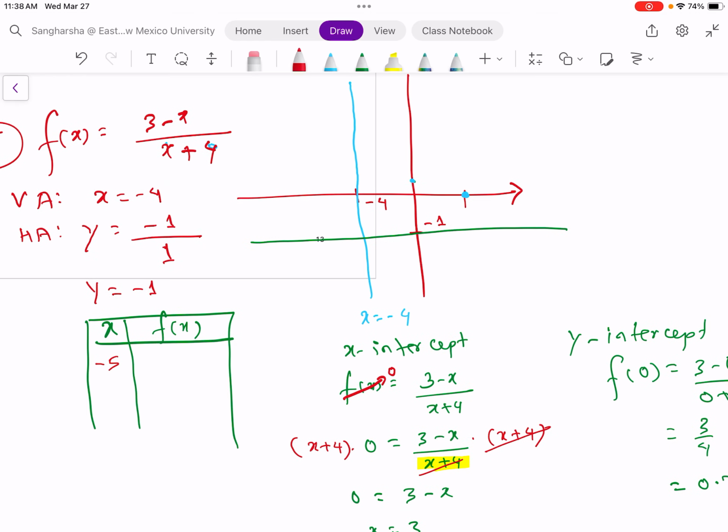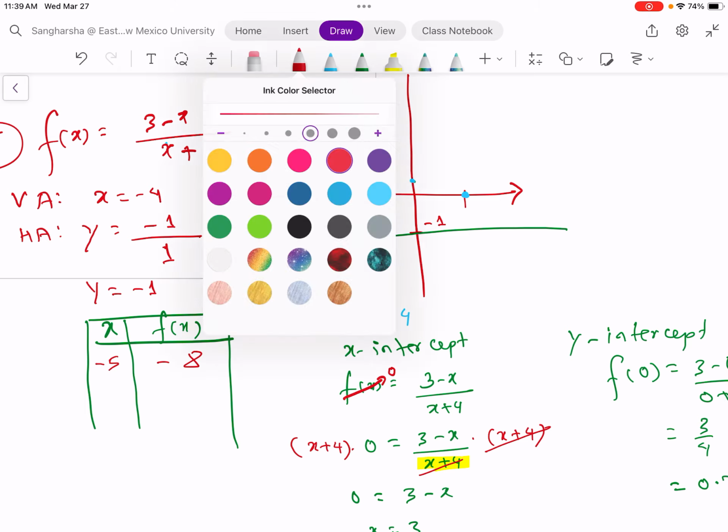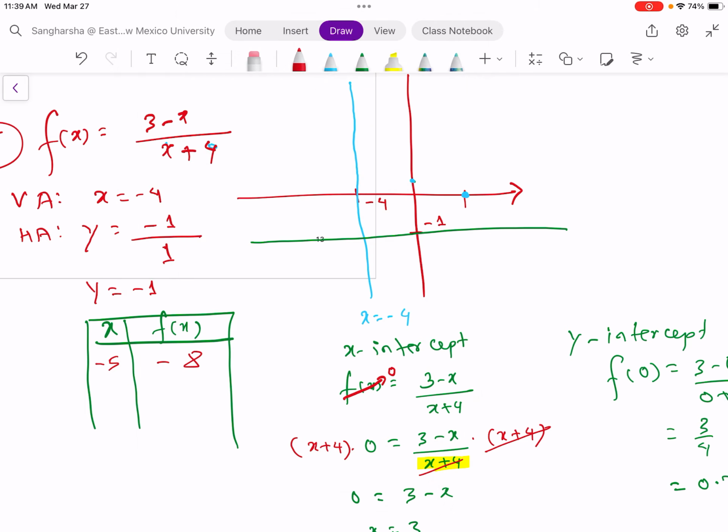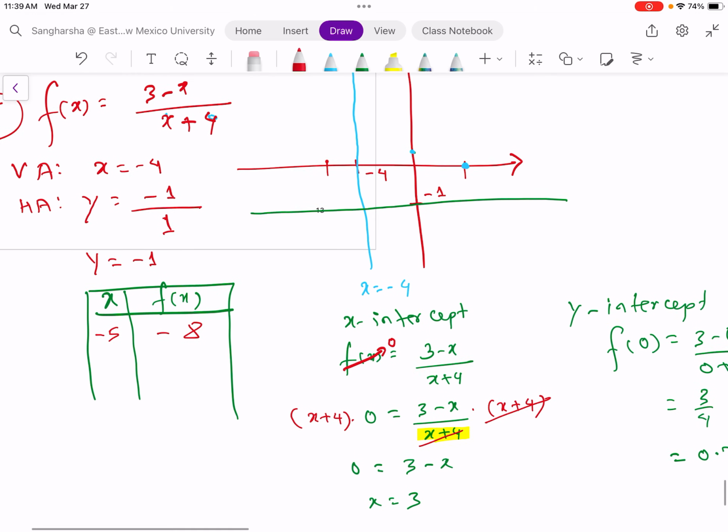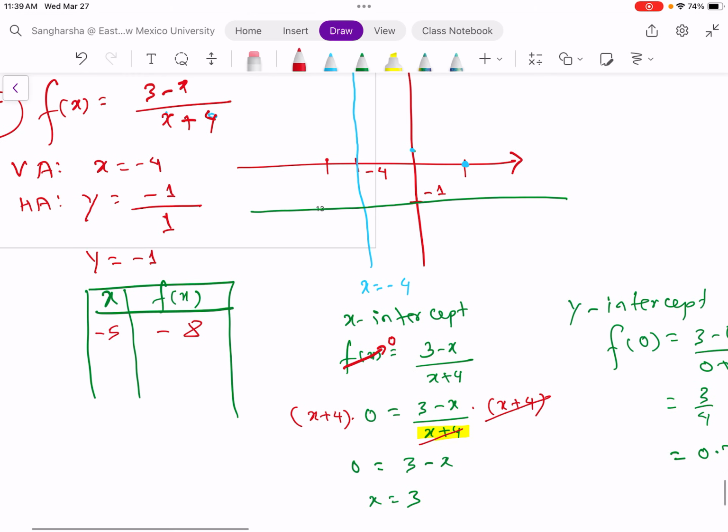We have 3 minus -5, that is 8, divided by -5 plus 4, that is -1. So we have 8 divided by -1, we get -8. So when we choose x to be -5, our output is -8, like somewhere here.